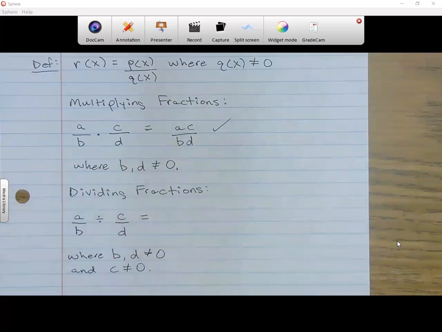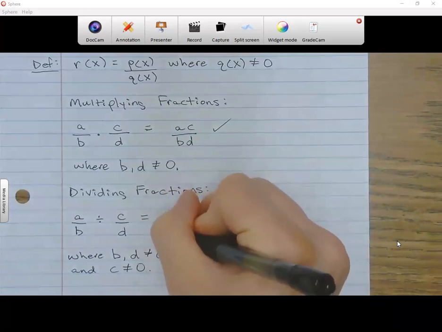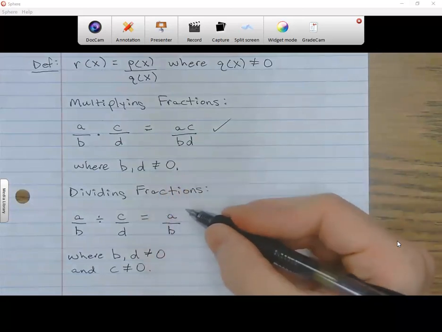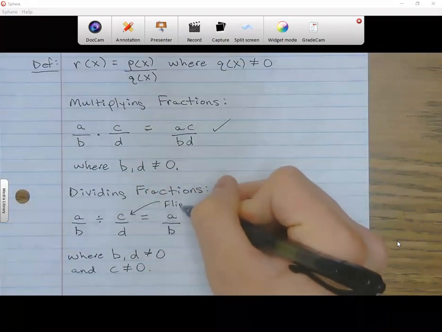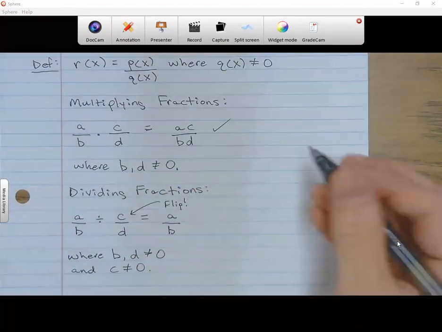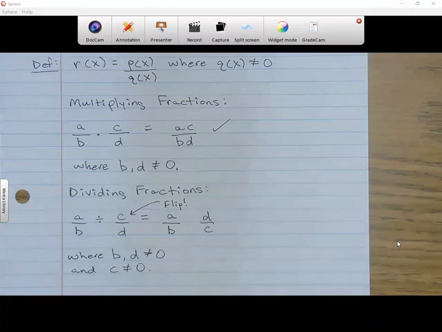So what happens here is the first fraction is going to stay the same, so I write it out as a over b. But the second fraction is going to flip. This one is going to flip, and it's going to become d over c. So now we multiply.